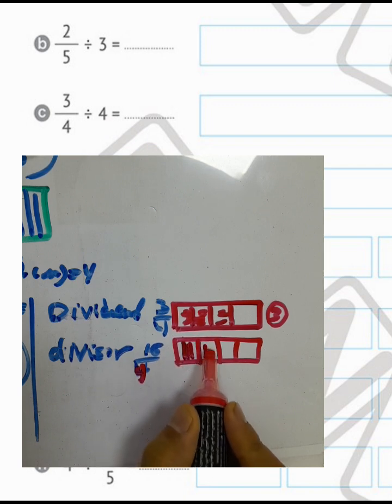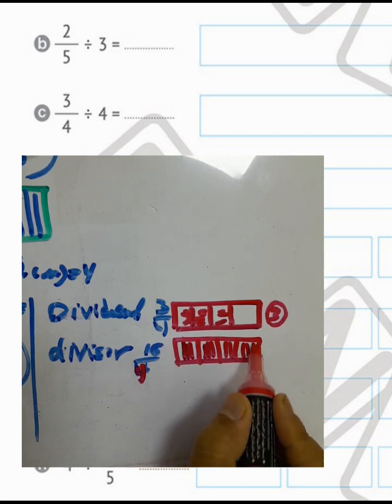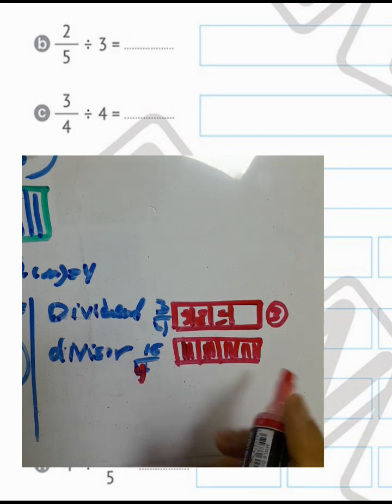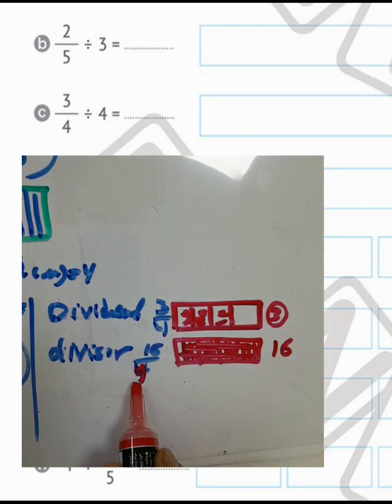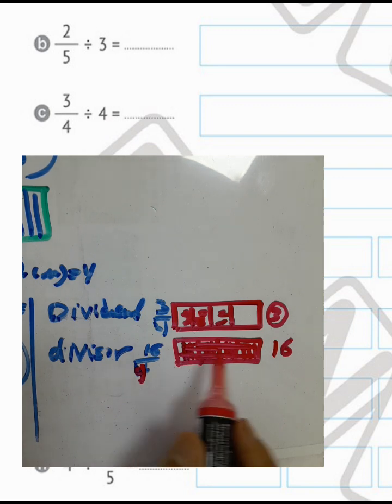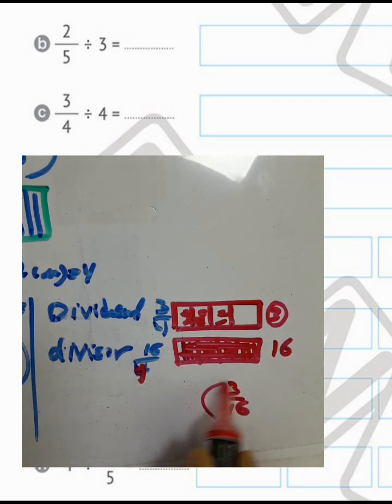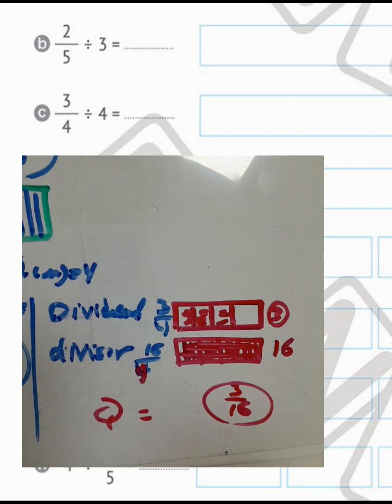Then we have 4 parts, 4, 4, 4. Then color all 16 parts. Then the result of this example will be 3 over 16. This is the quotient. Okay, we have 2 methods to solve this example.